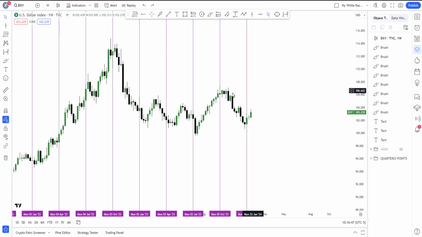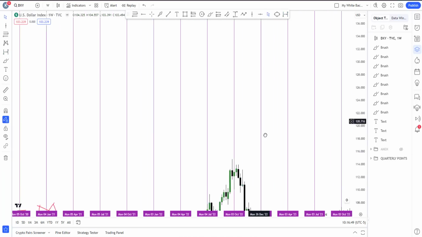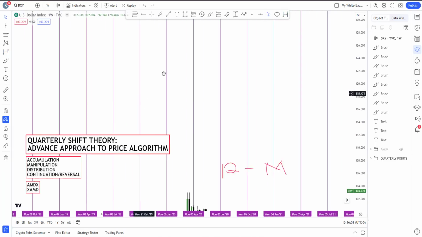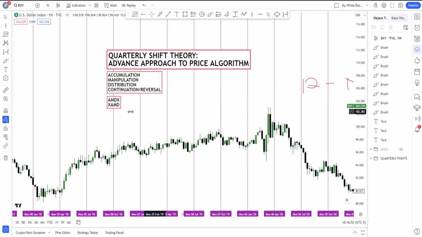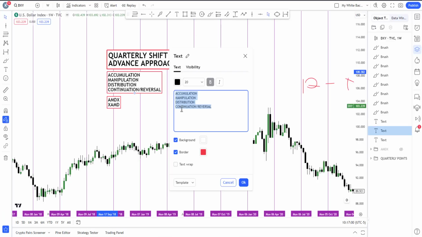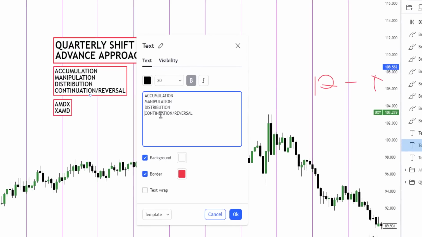Another thing you need to know is that this simple concept works with your popular AMD concept. Now look at this. You remember your accumulation, manipulation, and distribution concept, what price normally does in a typical algorithm. The algorithm behaves in this way.